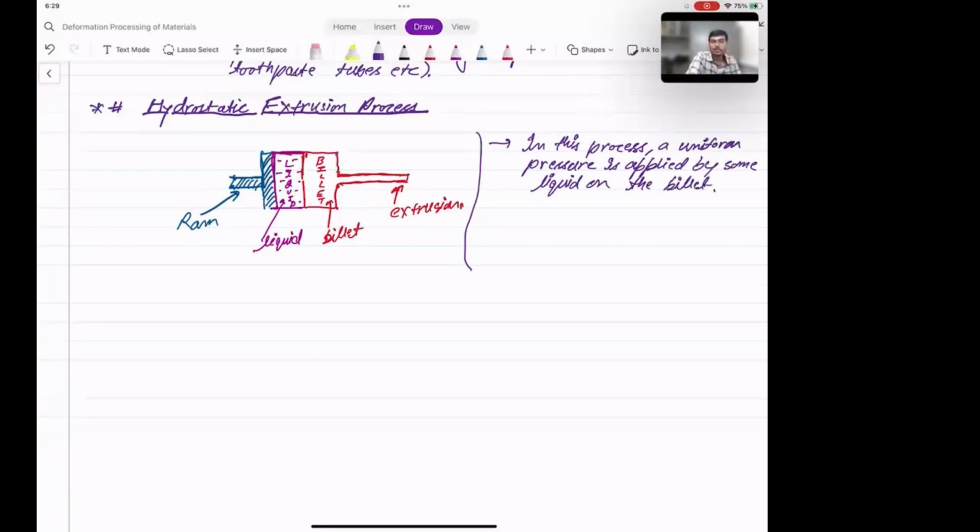Okay. And the liquids which are generally used in this process are like castor oil, ethyl glycol, or mineral oils, etc. So liquids generally are say mineral oil, castor oil, or ethyl glycol.